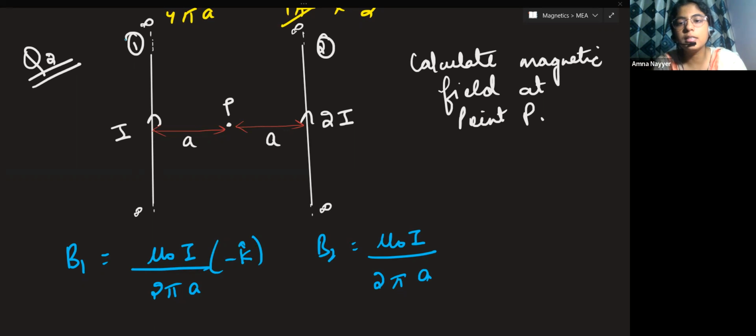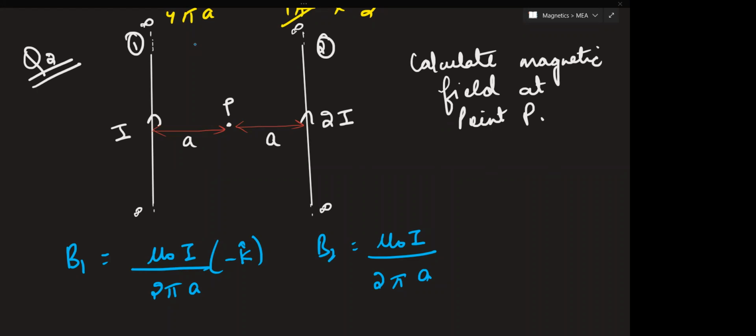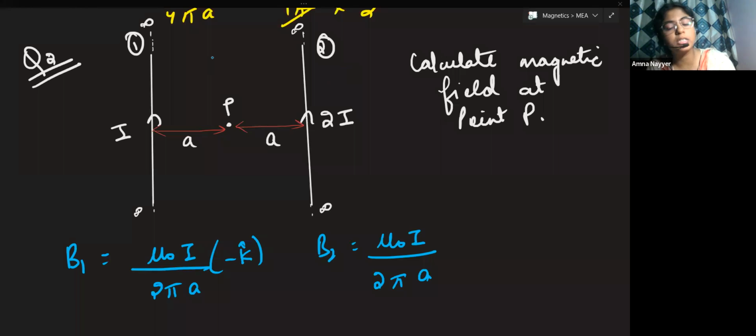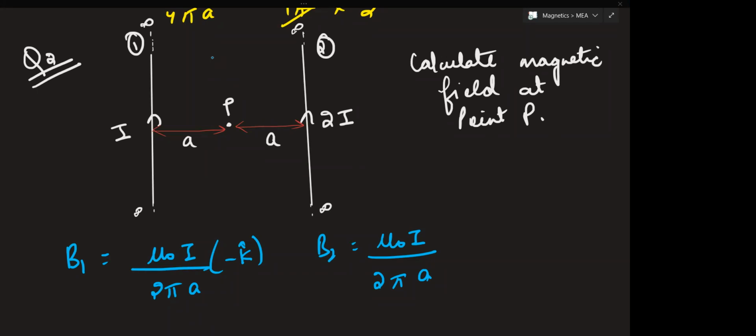Samira, can you answer this? Unit vector for B2, the magnetic field because of conductor 2. It will be a positive K cap. Positive K cap or negative K cap? Positive.